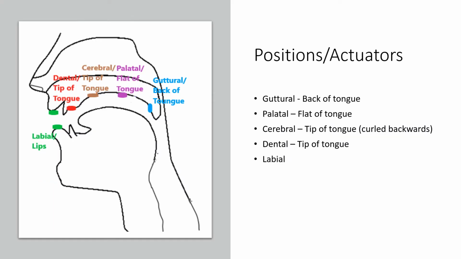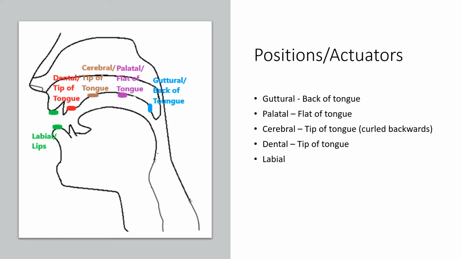To produce or pronounce a sound which is on the Sanskrit alphabet chart, two important things we need to know. One is the position, other is the actuator, or it is also known as instrument. Position is the place where we are trying to stop the air or the breath in the oral cavity in order to pronounce that sound.